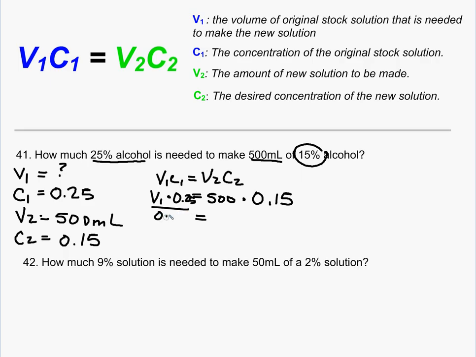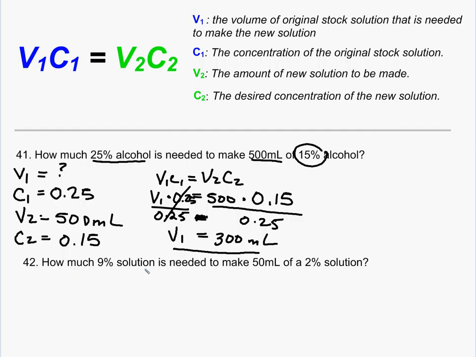I need to divide by 0.25 to get V1 by itself. And so my new volume is equal to 300 milliliters. So 300 milliliters of stock solution is what is needed to make my new solution.